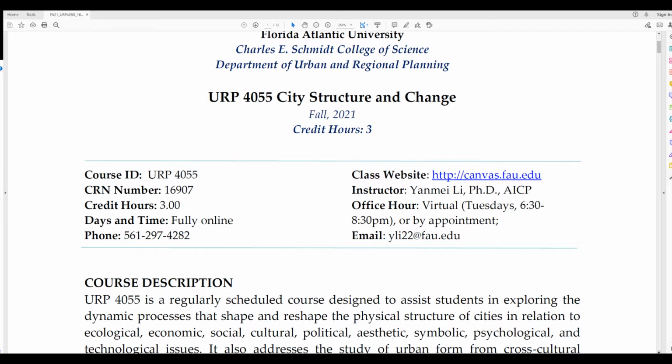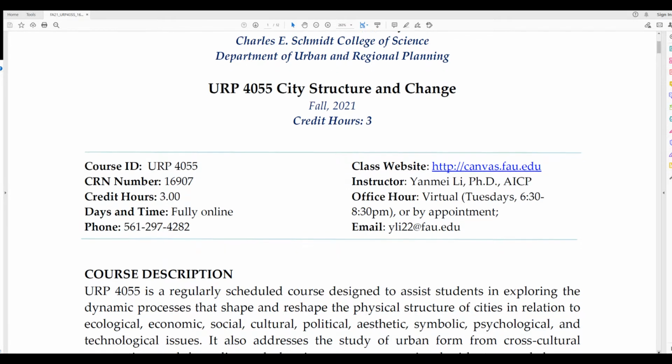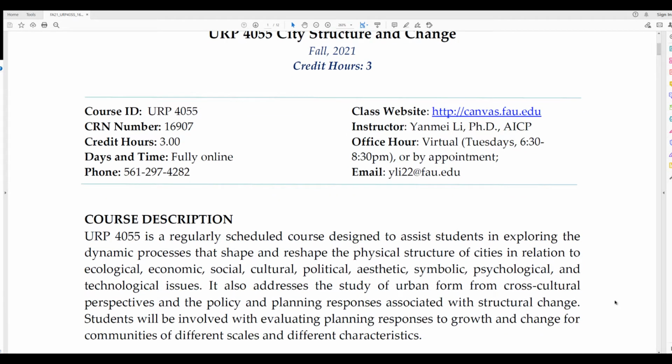This course basically introduces the basic concepts of the evolution and change of different functions of the cities, such as economic changes, urbanization, social, cultural, political, urban planning, public policy, and transportation and sustainable development.